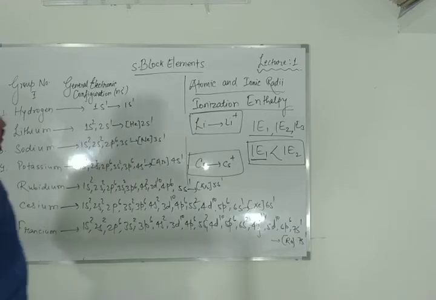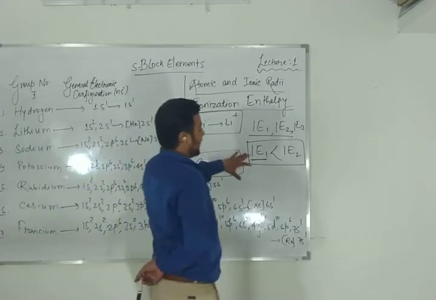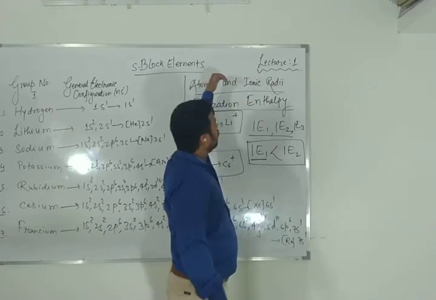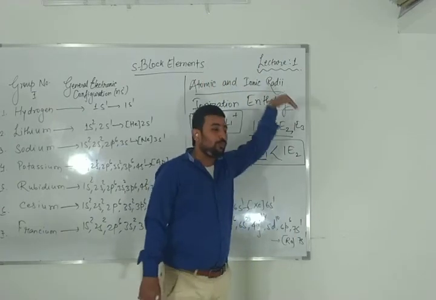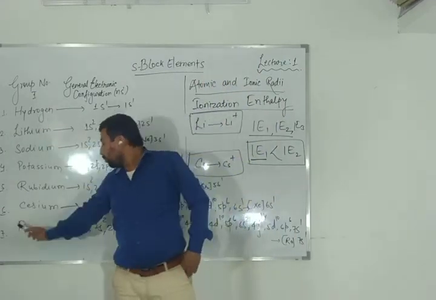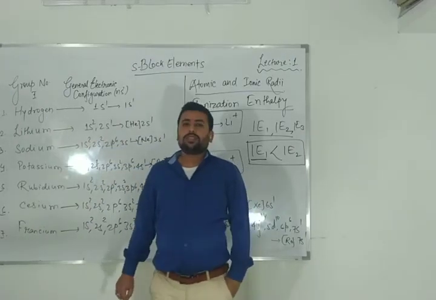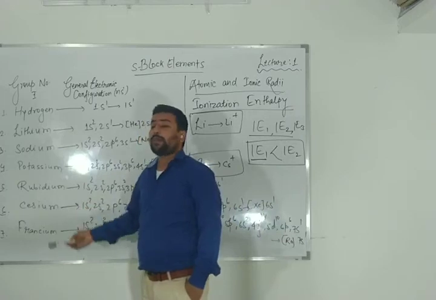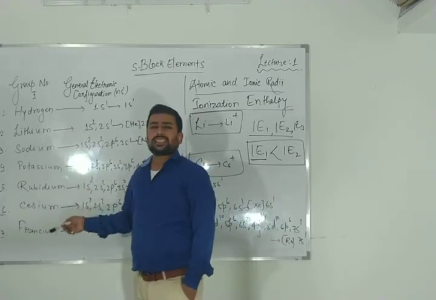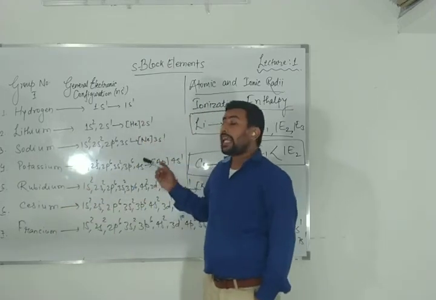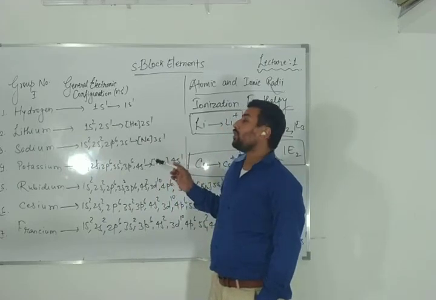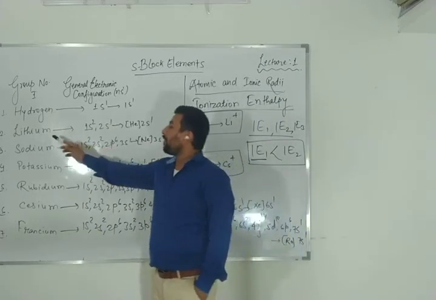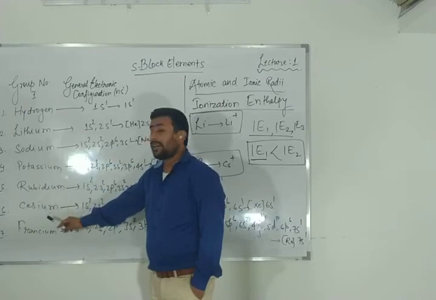As we have already learned, from top to bottom in a group, from lithium to cesium, removing an electron from lithium requires more energy, but if we compare cesium and lithium, cesium requires less. Why? Because lithium has only 2 orbits, but cesium has 6 orbits.